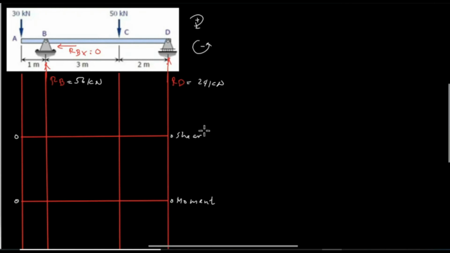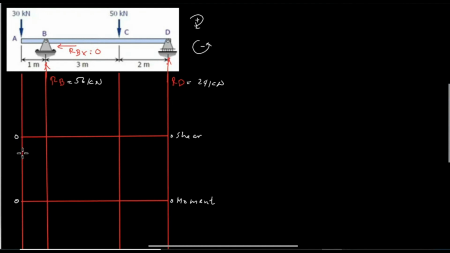First, we will find the shear values from A to D. So the procedure always starts from the left. So we have point A, and at point A, we have a concentrated load of 30 kilonewton, and starting from 0, we have 30 kilonewton, which is downward.